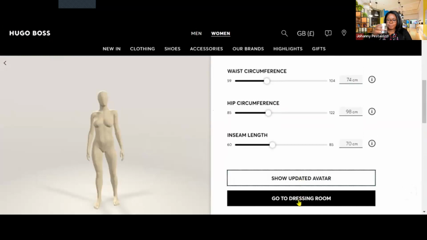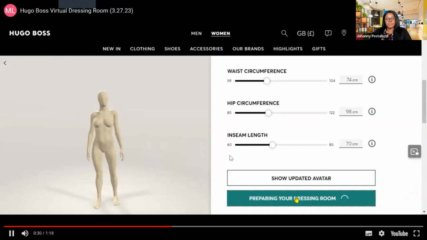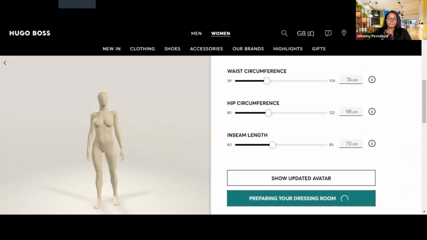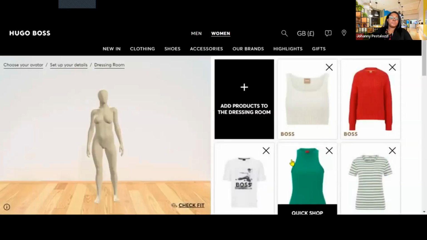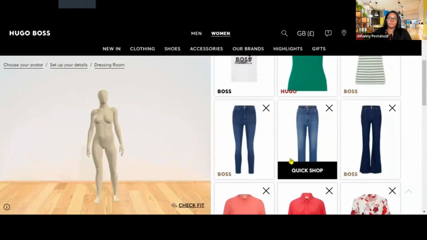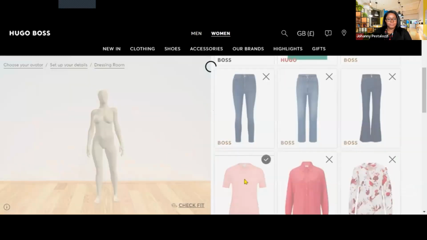After creating your own avatar, you can go for fitting. Now you are in the fitting room, put the clothes on your body.